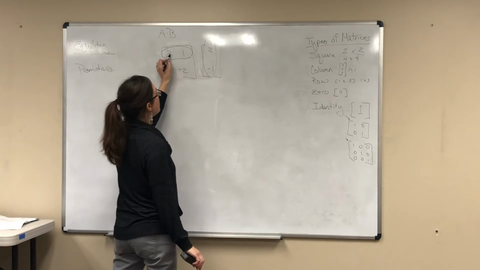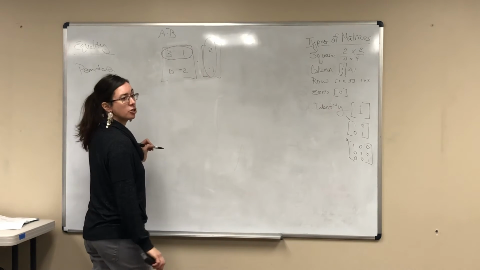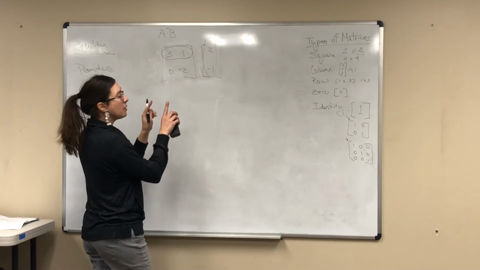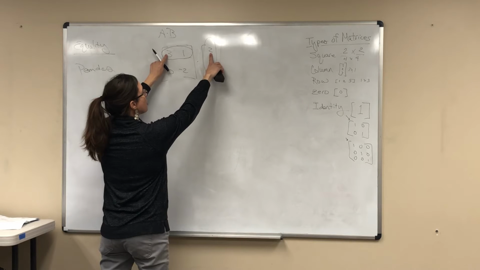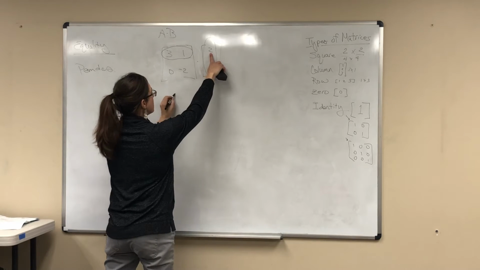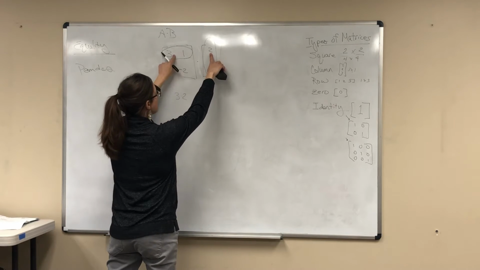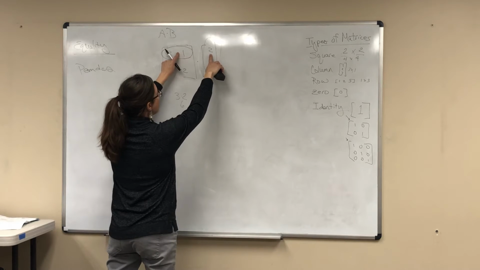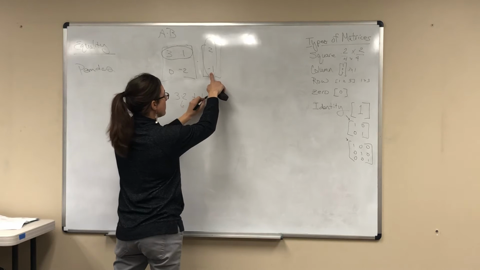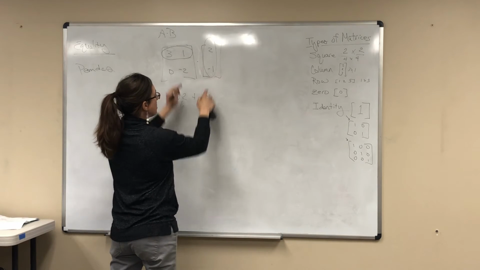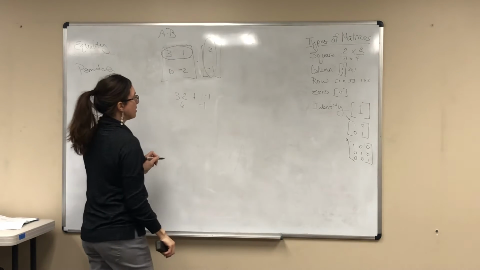The way we do that is we multiply each entry, and then we add them together. So we're doing number 1 and number 1. So 3 times 2, 6. We add that to 1 times -1, which is -1, correct?